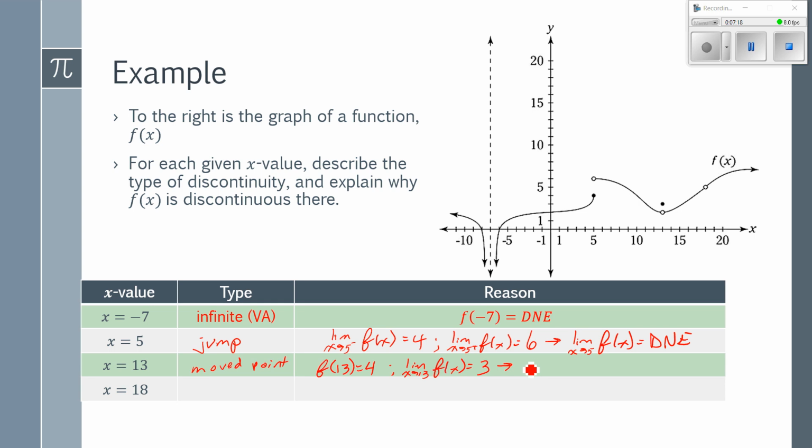And I can now see that f of 13 does not equal the two-sided limit as x approaches 13 for the function. At 18, there's a hole. And again, if I put removable, that is okay. And in this case, f of 18 does not exist would be my reason.